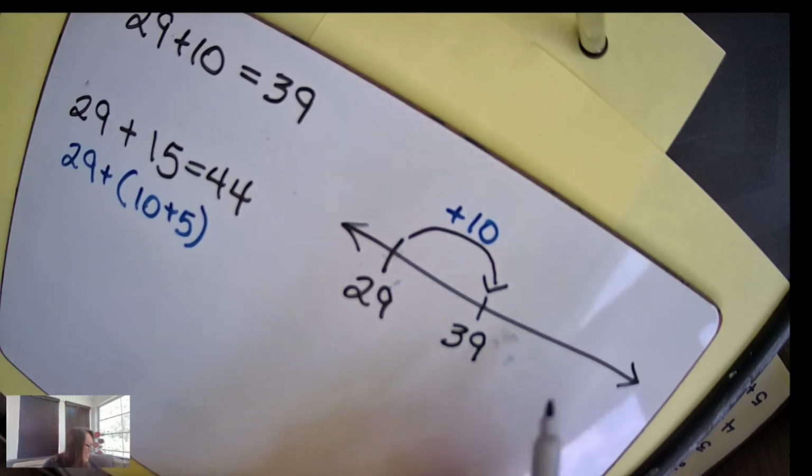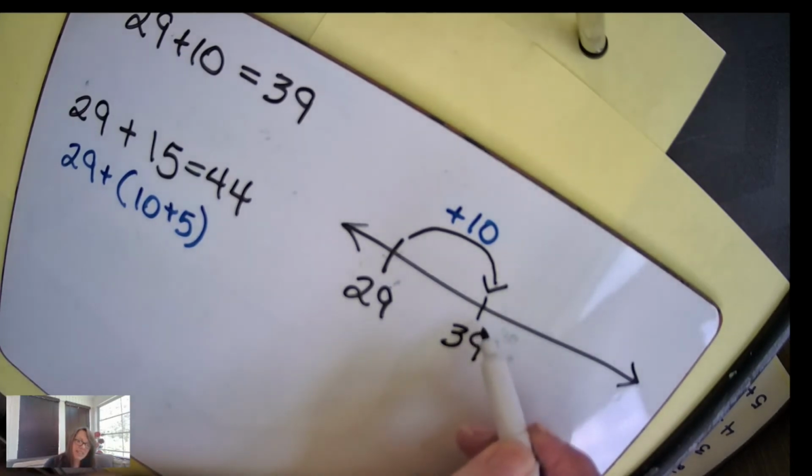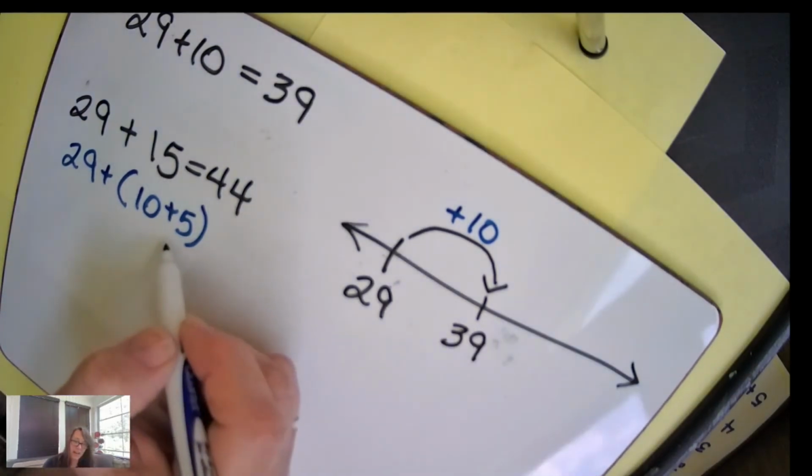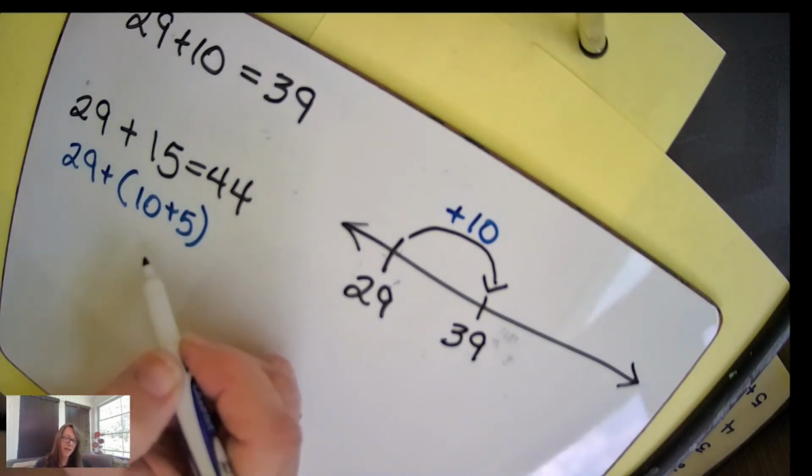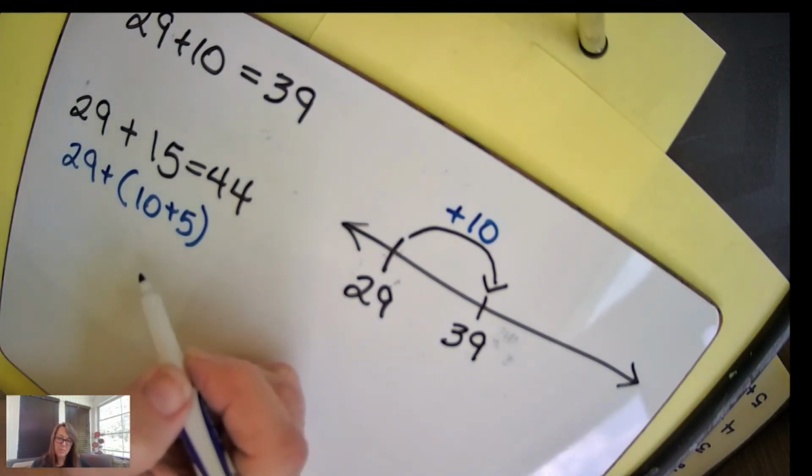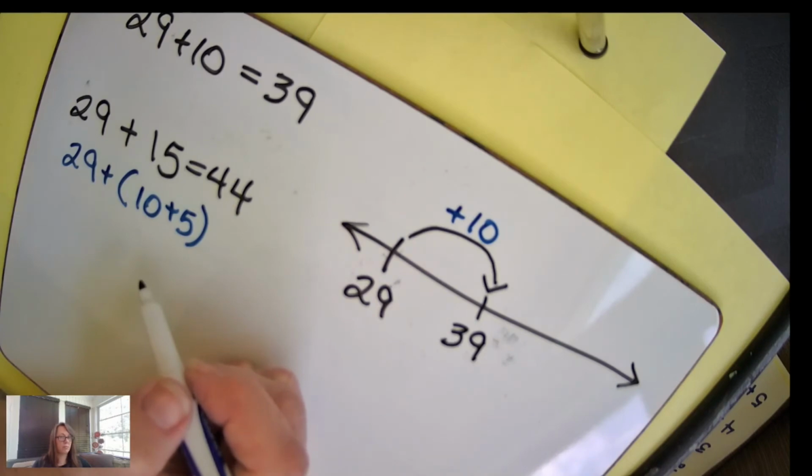And then he says, from here, he added the 5. Did you add 5 one at a time or in one big jump of 5?